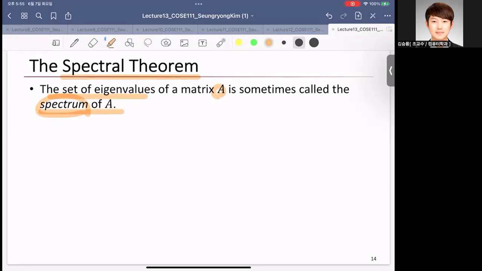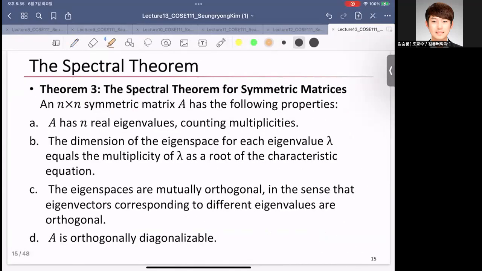So the set of the eigenvalues is sometimes called the spectrum of matrix A. Then we will introduce one more theorem, the spectral theorem for the symmetric matrix. Spectral theorem: if A is an n by n symmetric matrix, then matrix A has the following properties.